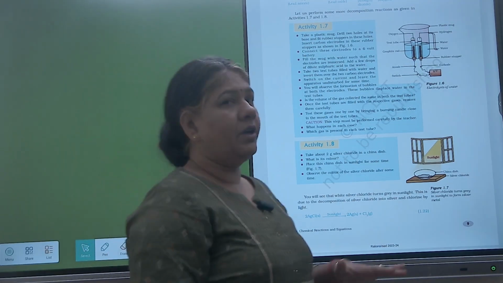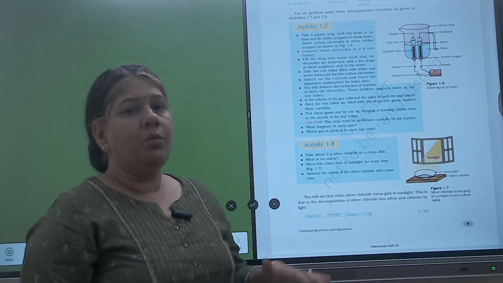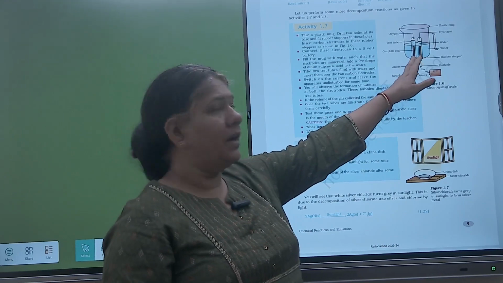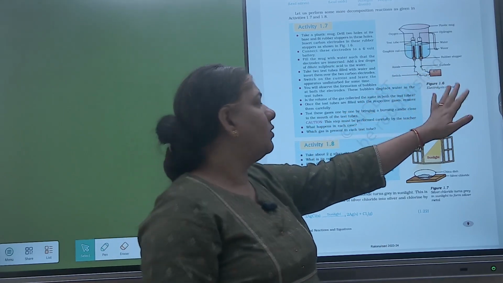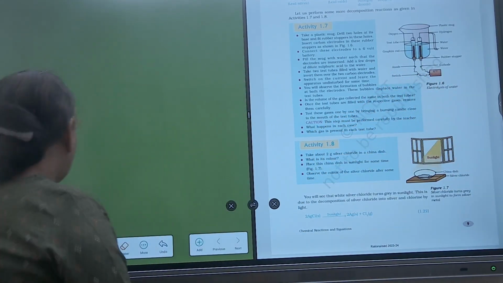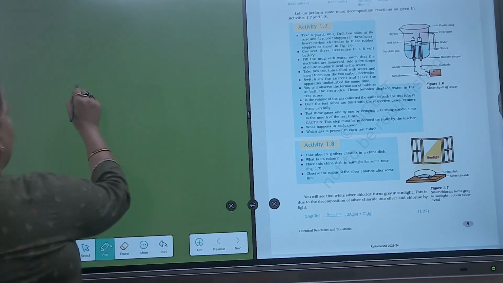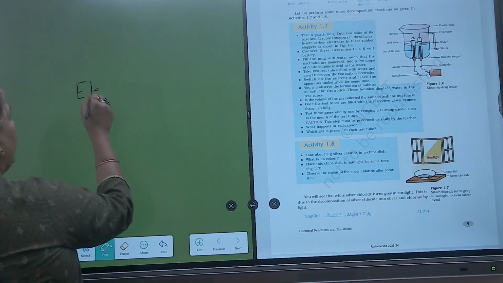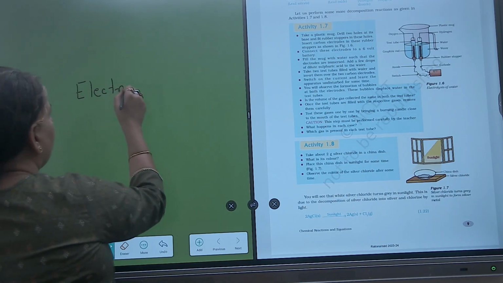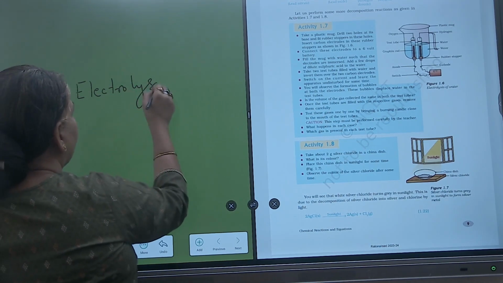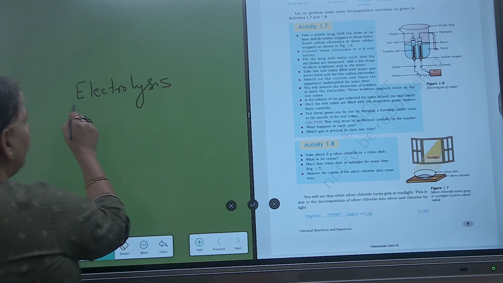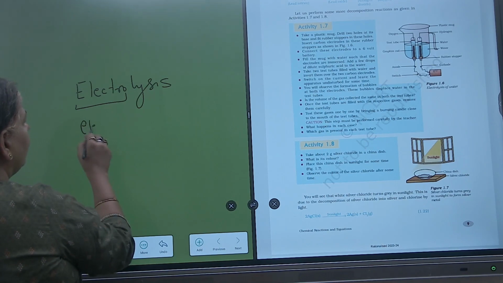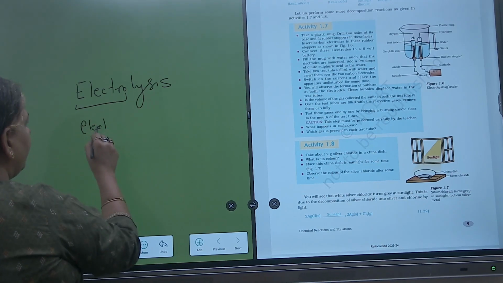Now we come to decomposing water with the help of electricity. That is, by passing current, we can decompose water molecule. So the term electrolysis, see, lysis. Let's understand this word. This word electro means electricity.